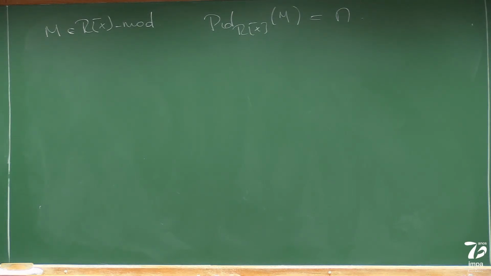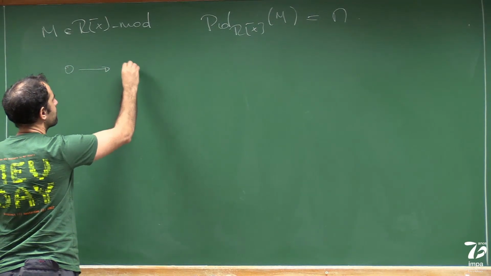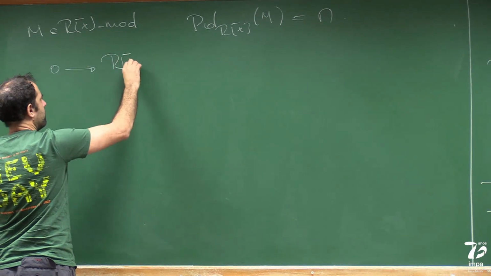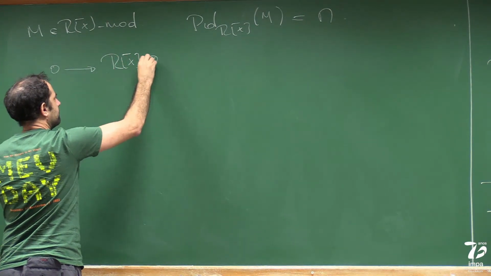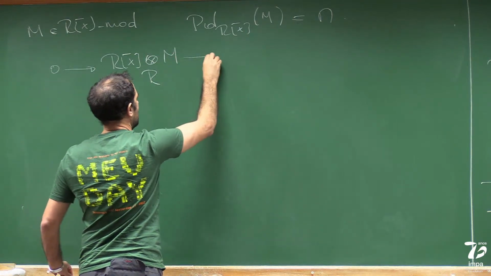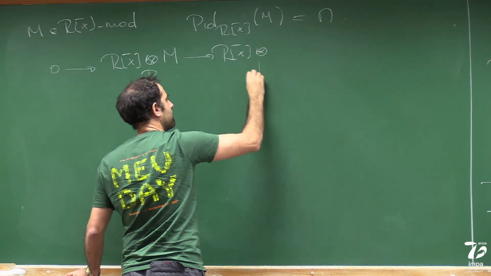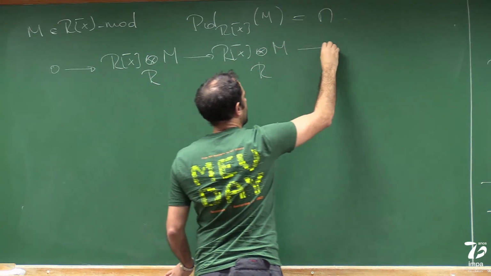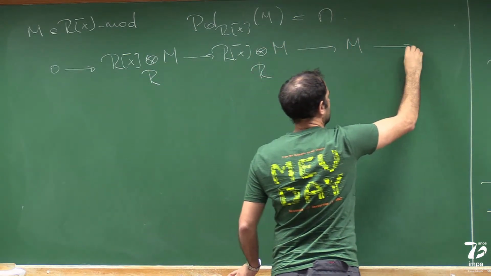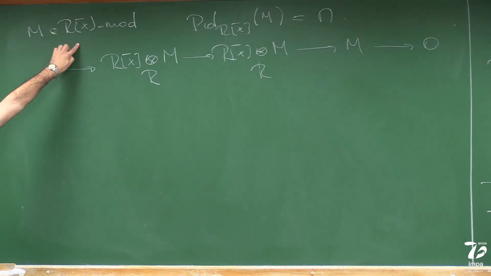Okay, so the trick is to look at the following sequence. Let me write it first and then we'll see what it is. So M is an R[X] module. But then if it's an R[X] module, it is an R module.